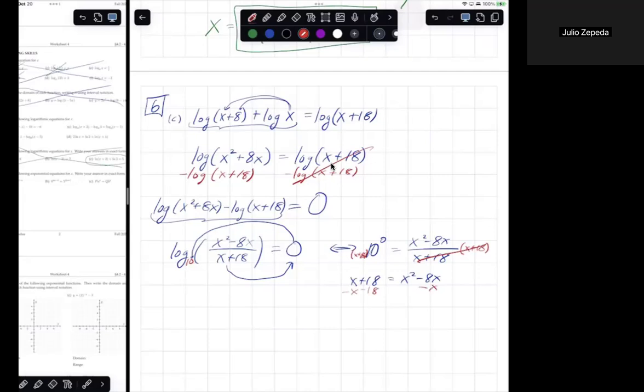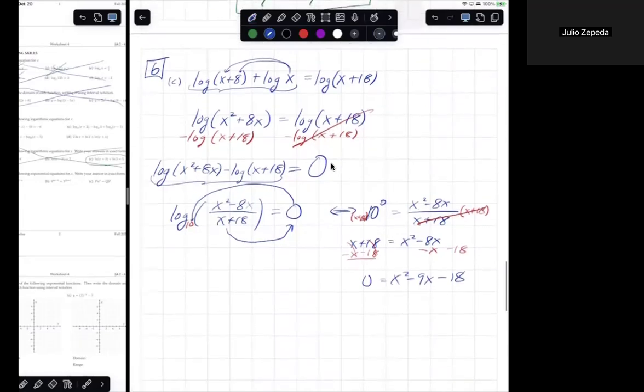Subtract 18 on both sides as well. Hopefully this doesn't come out ugly because some of these do. And it looks like it is going to come out ugly. Well, that's okay. We can just do it. But a lot of these on the worksheet will factor nicely if you get a quadratic.